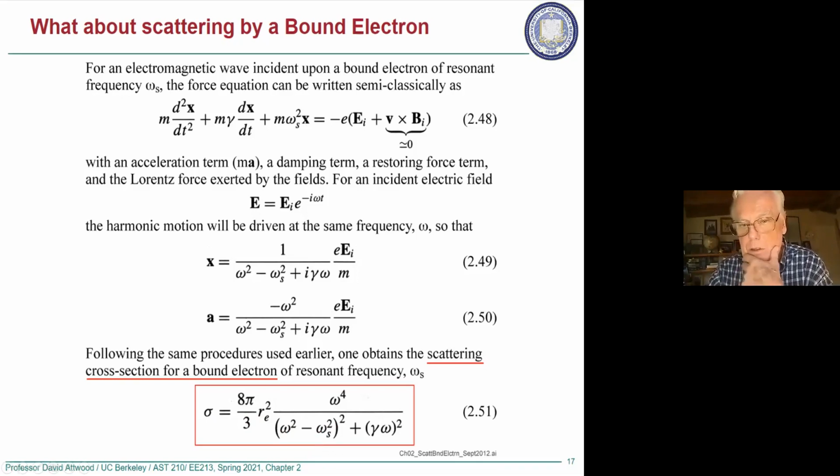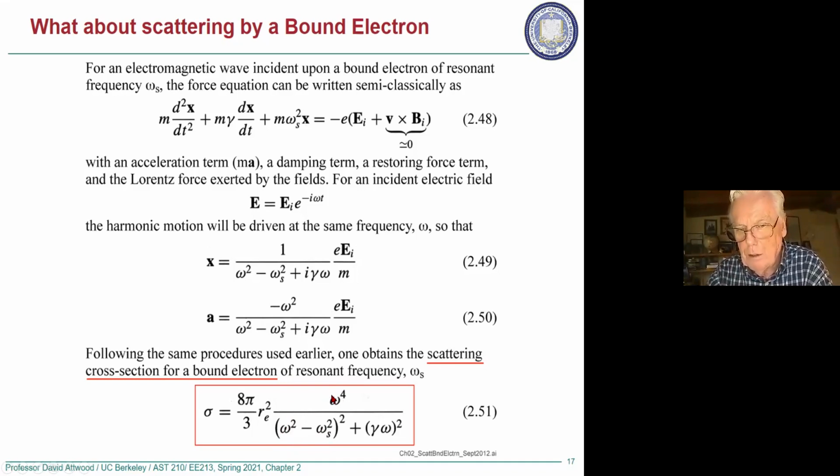Some other examples: if the frequency is very large compared to the binding frequency, or in terms of energies, if you put h bars on all of these things, this will be the photon energy, and this will be the resonant energy. If omega is a very high frequency, way out in the X-ray region, this will become larger than this.